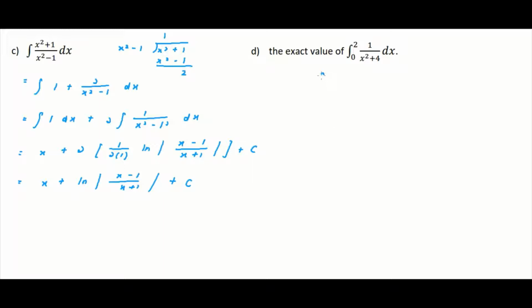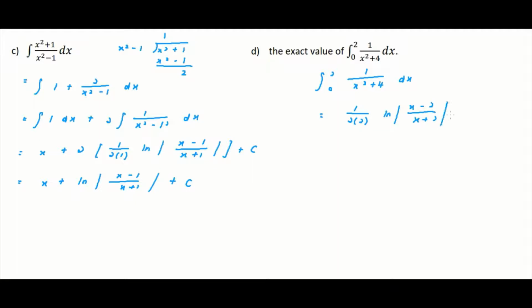So the definite integral here, 1 over x squared plus 4 dx. For this question, can you continue to do the 1 over 2a ln of x minus a over x plus a? If you are not aware of this, you might continue with 1 over 2a, then after that ln of x minus 2 over x plus 2.